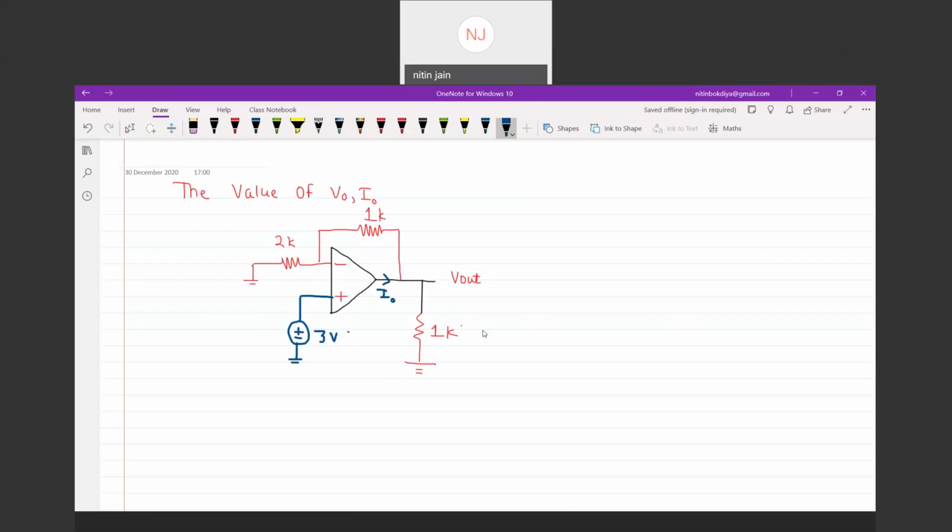VO and IO are required for this question. So let's start how this op-amp will work. This part of the op-amp is a non-inverting amplifier.